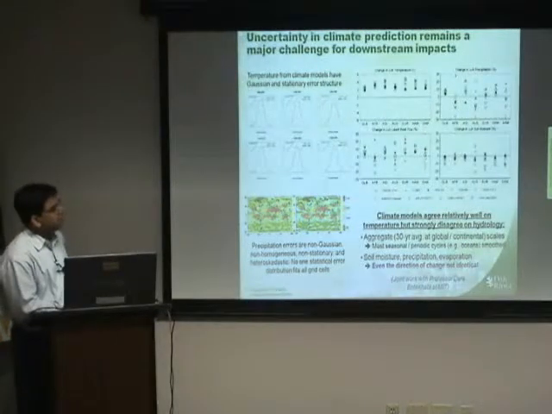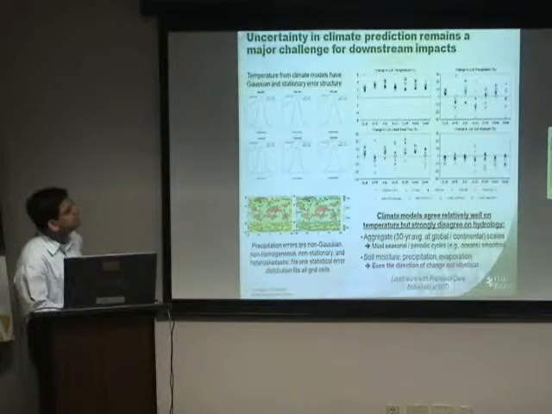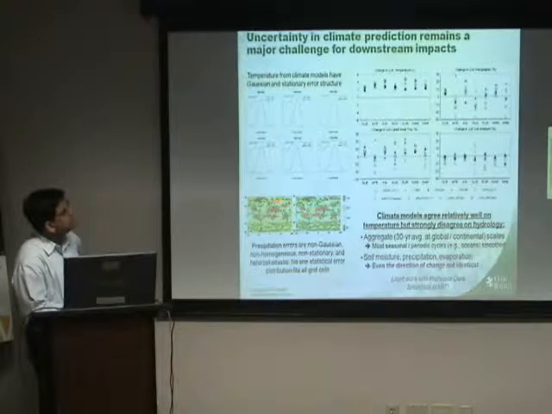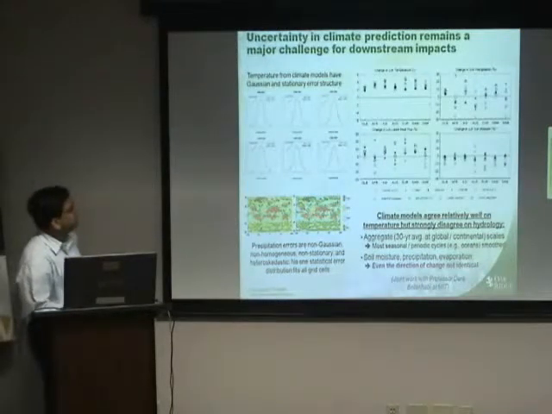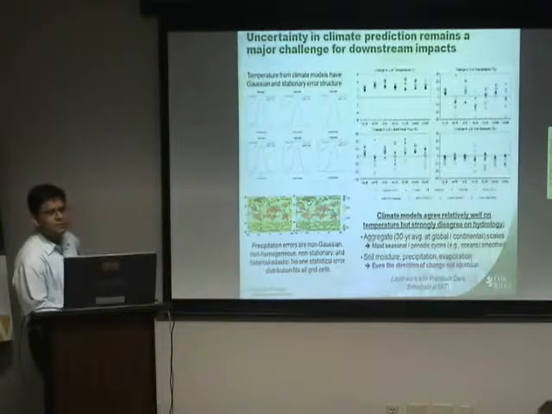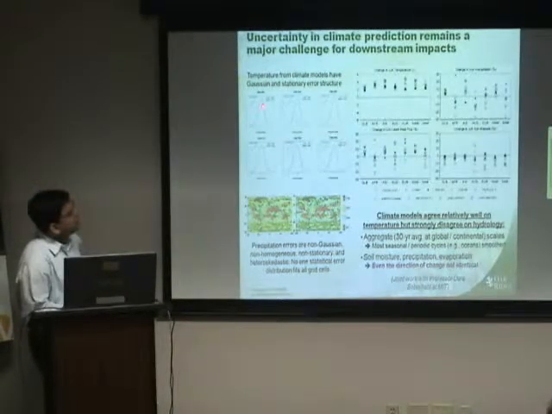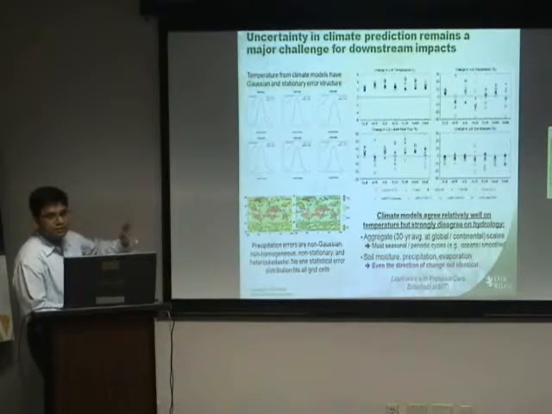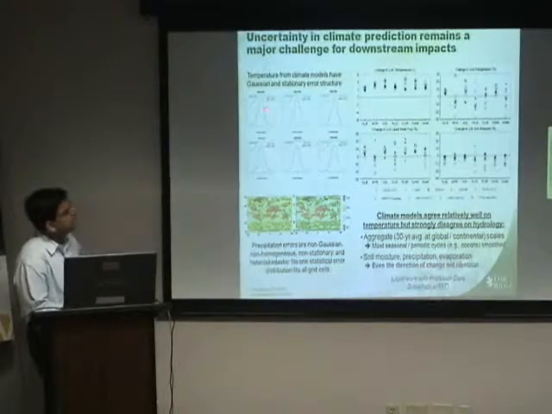Here is a fairly broad-brush overview of some of these uncertainties. This is temperature at decadal scales, and many of these are things we have published, so I can point you to more details. Broadly, when we look at models minus reanalysis or surrogate observations, that is, model minus observation, at decadal scale, we see that the errors themselves, not the absolute temperature values, are fairly Gaussian for temperature.